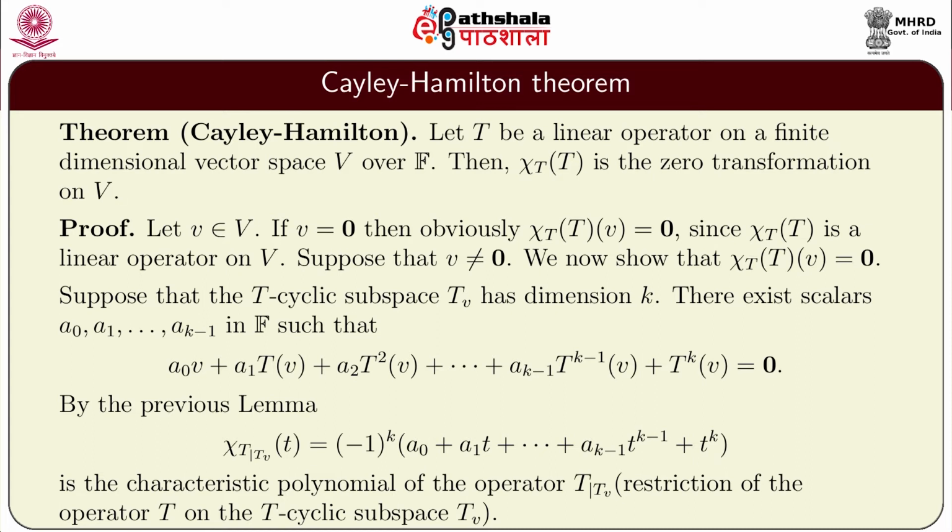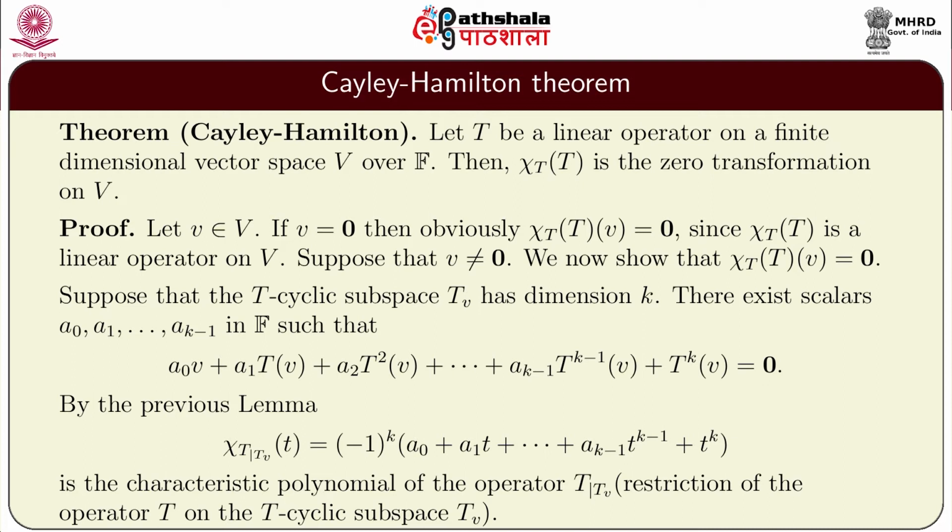Recall that v, T v, T square v and so on up to T k minus 1 v form a basis for the T cyclic subspace T v, and dimension of T v is k. So, any k plus 1 vectors would be linearly dependent, and that is why we get such a non-trivial linear combination.